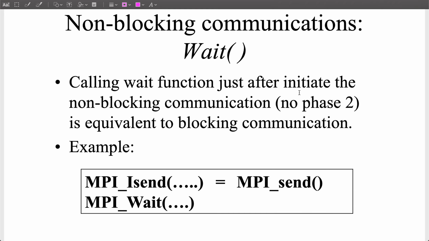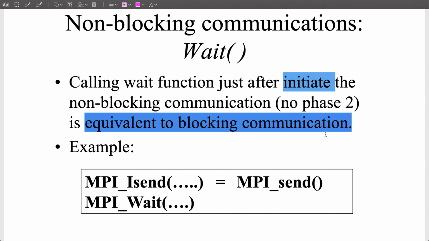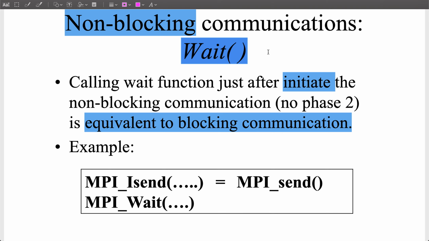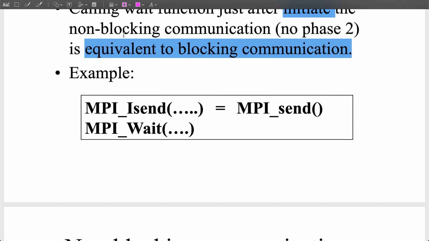Calling the wait function just after initiating the non-blocking communication, skipping phase 2, is equivalent to blocking communication. When you have the wait function in non-blocking communication, it is similar to assigning the communication to blocking communication. The example is MPI_Isend, MPI_Send, MPI_Wait.